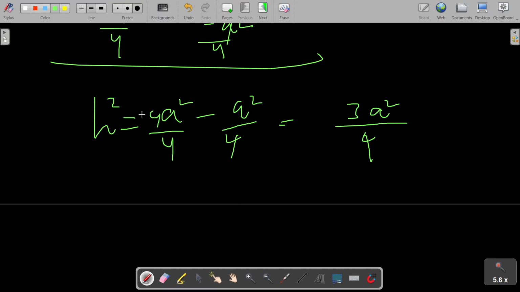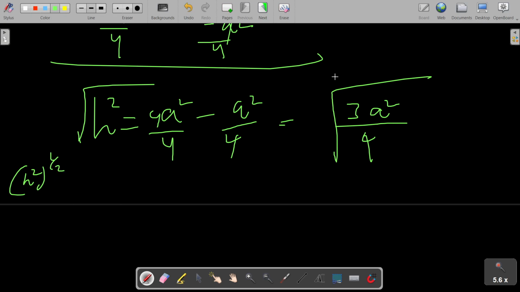And if I take square root on both sides, square root means power 1 by 2, whole power 1 by 2. So by using the property a power m whole power n is a power m times n, this 2 gets multiplied, and then the 2 gets cancelled.